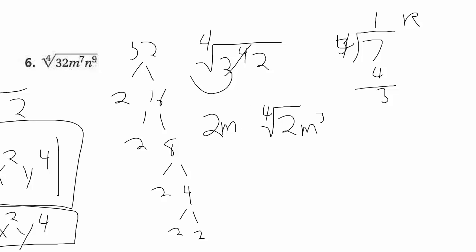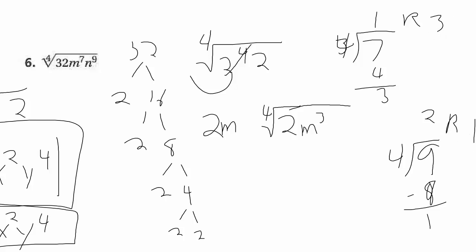Okay, so let's look at the n's now. For the n's, remember the shortcut is to divide the exponents. You have n to the 9th, and it's inside a 4th root. So there's 2 sets of 4 in there. When you divide, you get a remainder of 1, just like before we got a remainder of 3 and we put the exponent 3. You get a remainder of 1, so I don't need to write this 1.